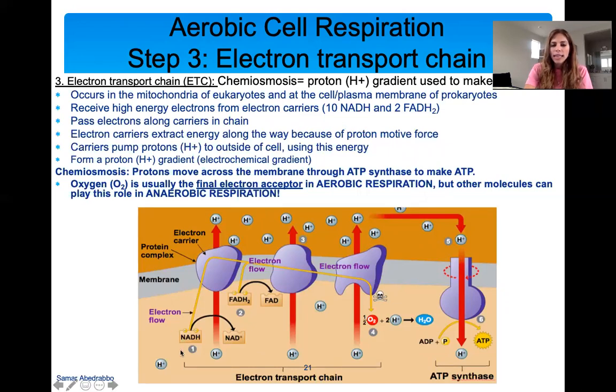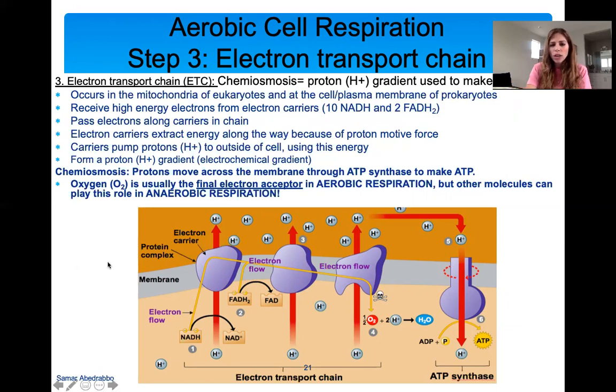What they do is they give up their electrons, and by shuffling their electrons in this chain, it creates a gradient of protons. So there's more protons on one side than there are on another side, and the protons want to balance out this gradient. So this proton gradient, which is called the electrochemical gradient, will create this kind of electricity circuit where you have more positive charges on one side than another side.